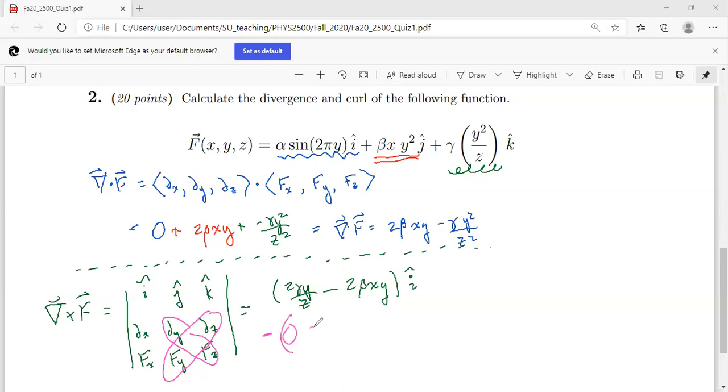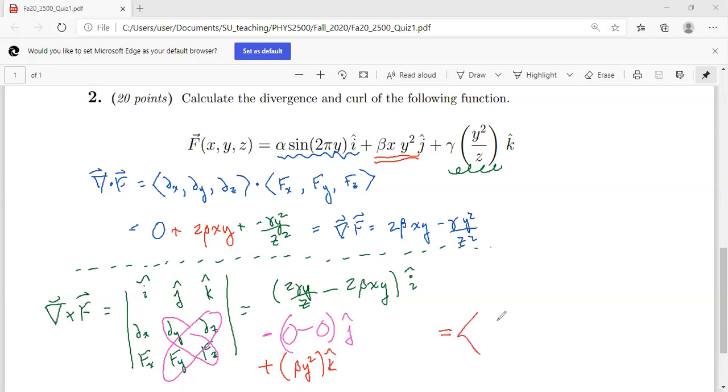And then minus partial x component with respect to z, there's no z in there, nothing there too. So that's nice. And then finally we get the plus, because it's an even permutation, the k hat part. So second component partial with respect to x, such a thing exists, there's an x in there. So I get beta y squared. And then partial x component with respect to z, there's nothing there.